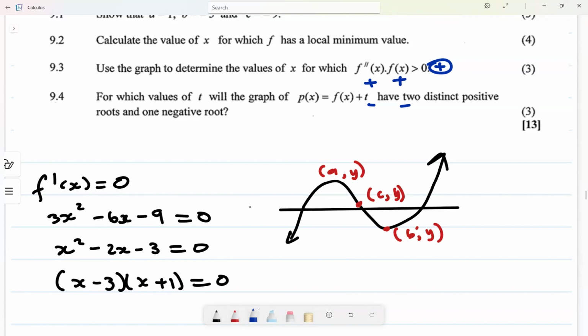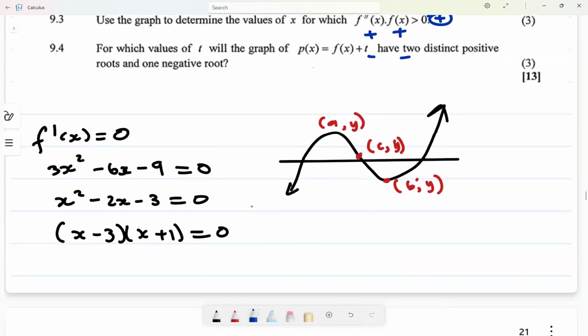Guys, when I derive my cubic function, which is f, the x coordinate of my turning points are going to be equal to my x-intercepts. So the x coordinate of A and the x coordinate of B are going to be my x-intercepts. And the point of inflection is going to be my turning point.